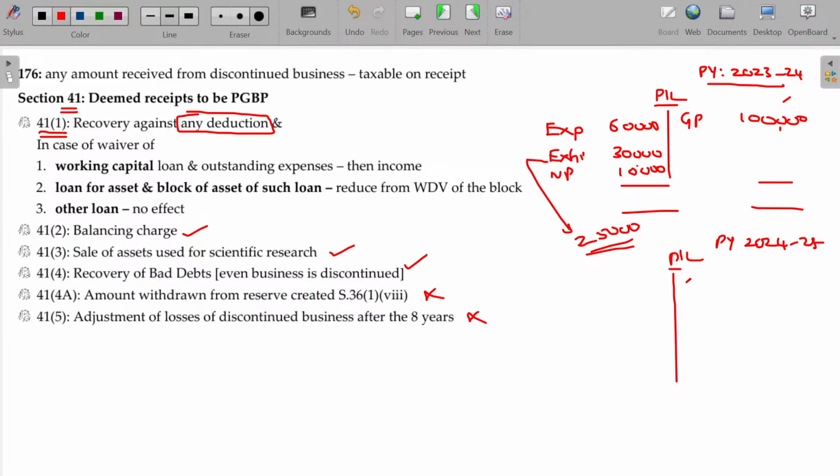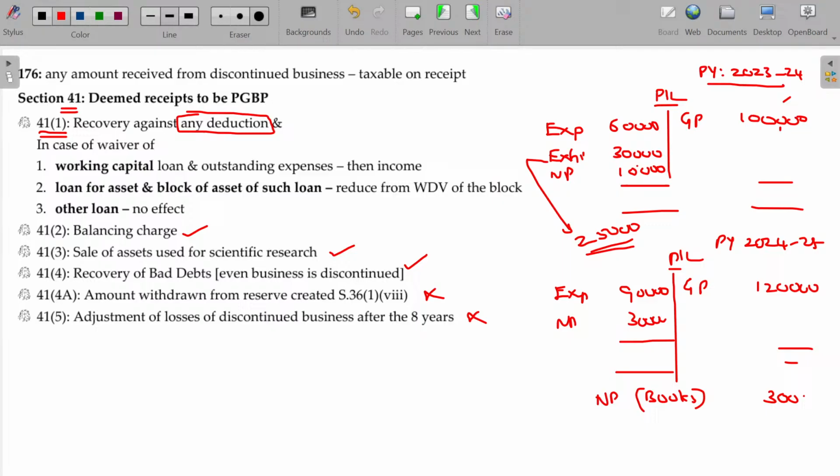Now the profit and loss in this period being gross profit 1,20,000, other expenses being 90,000 rupees, your net profit being 30,000 rupees. Now what happens here? Net profit as per the books 30,000 rupees.